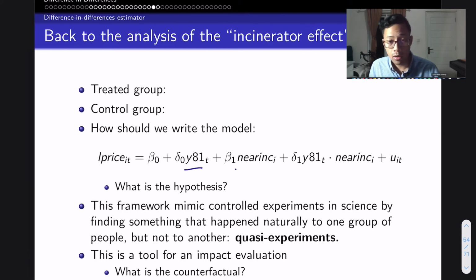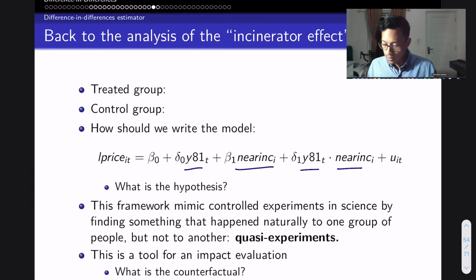An indicator of the treatment group, in this particular case, is nearinc. If you're located near the incinerator, you're going to be treated as the treatment group because you're experiencing the negative externalities of this garbage incinerator. And also you have an interaction between the post and the treatment variable. Okay, so again, what's your hypothesis on the impact of the garbage incinerator, what parameter is actually going to provide you with an answer to that hypothesis, and what's going to be the sign of that parameter?